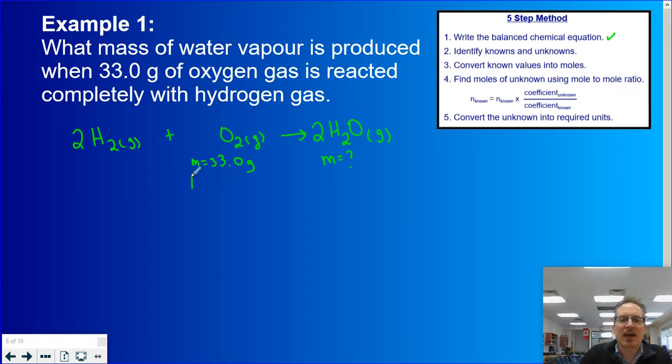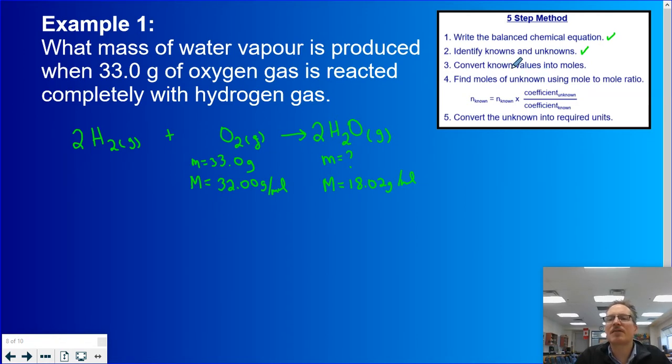So oxygen is 16. I have 2 oxygens, so this is going to be 32.00 grams per mole. For water, this is about the only molar mass we have memorized, 18.02 grams per mole. Now, we have written down all the information we know in the question.